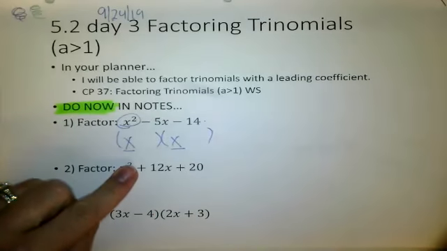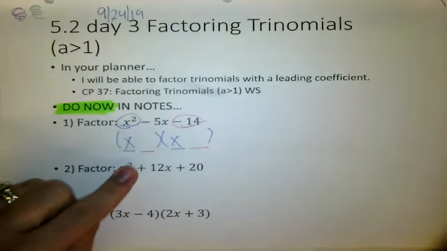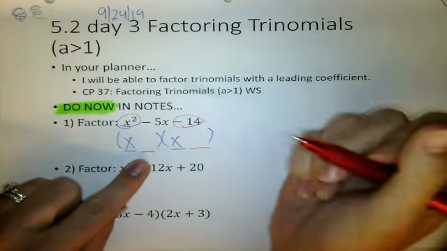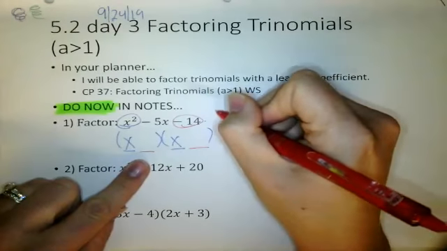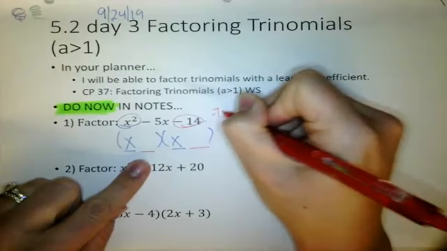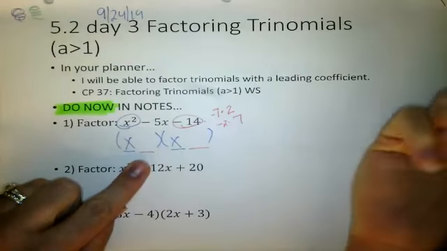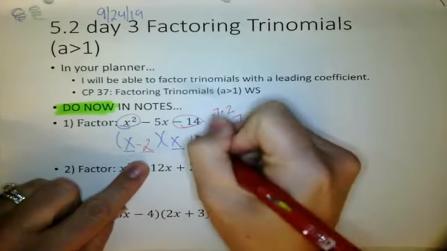And last times last had to be the last thing. So what times what is negative 14? Negative 7 and positive 2, or negative 2 and positive 7 give you negative 14. And we definitely want to go with the negative 2 and the positive 7.